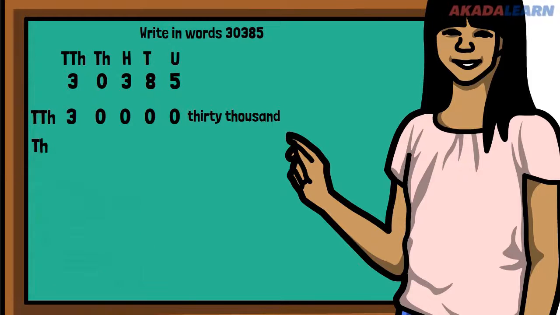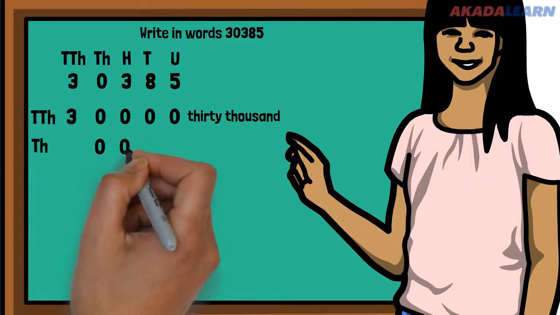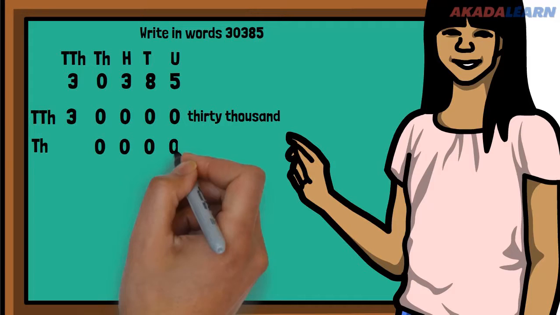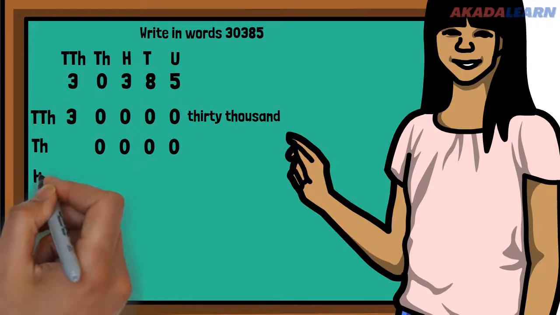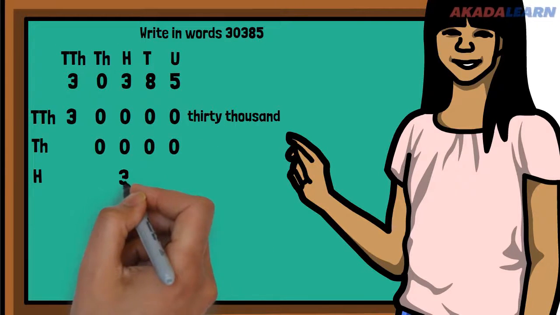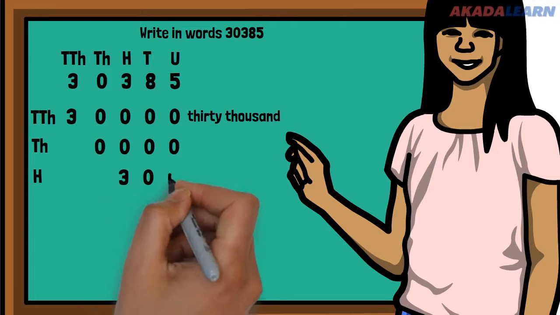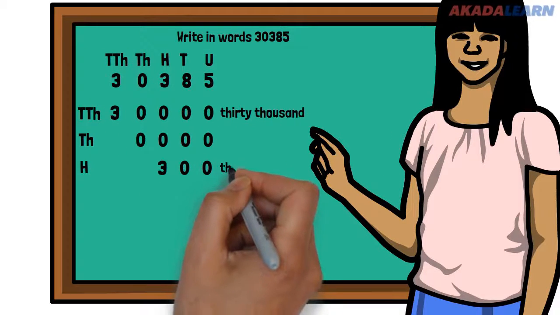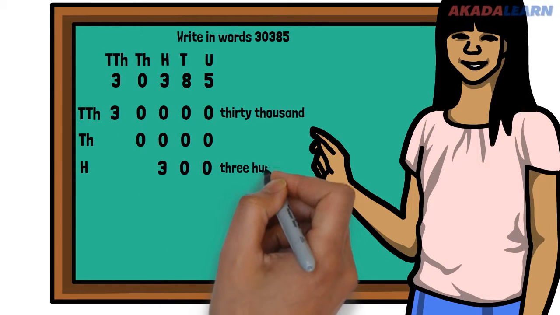Next is thousands, and there's 0 there, so just fill that place with zeros. Next is hundreds. The number there is 3, which is 300.